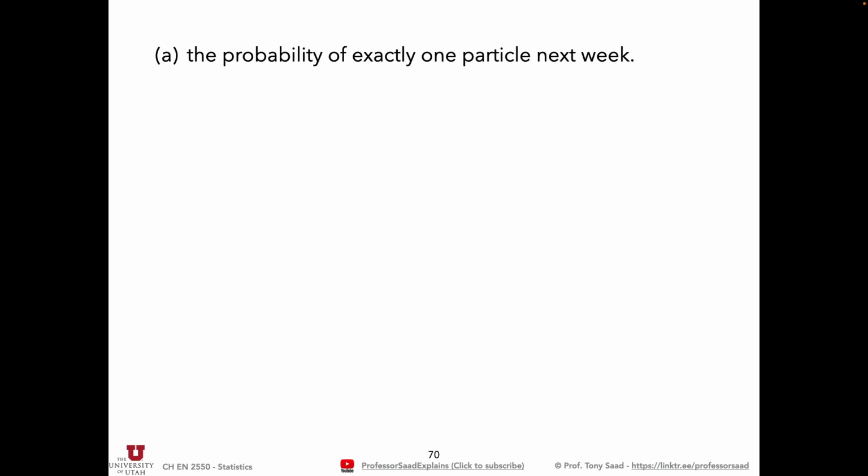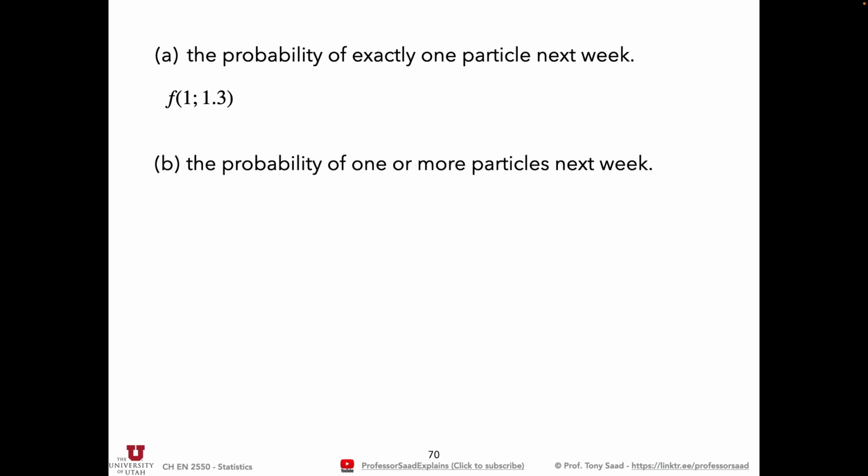The probability of exactly 1 particle next week is f at x equal 1 with lambda equal 1.3, and you get that value. Probability of 1 or more particles next week, so that's P of x greater than or equal to 1.